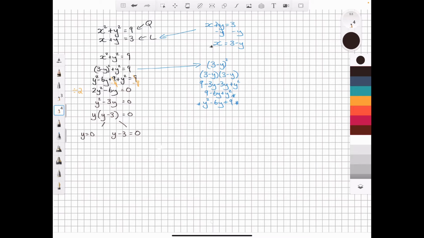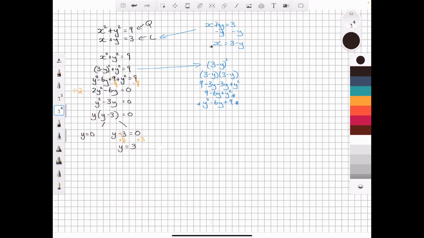Now, we know that y equals 0 and y minus 3 equals 0. So let's just solve for y with this one here on the right. I add 3 here, and I add 3 here, or I carry the 3 across, depending on what method you use. So you're left with y is equal to plus 3, y is equal to 3. So our two y's are y is equal to 0 and y is equal to 3.